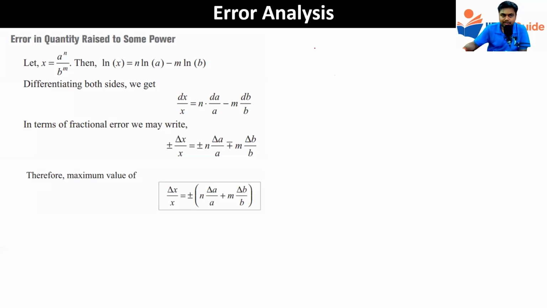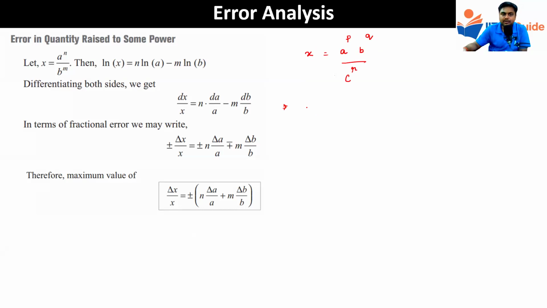Let us say x depends upon a to the power p, b to the power q, divided by c to the power r.